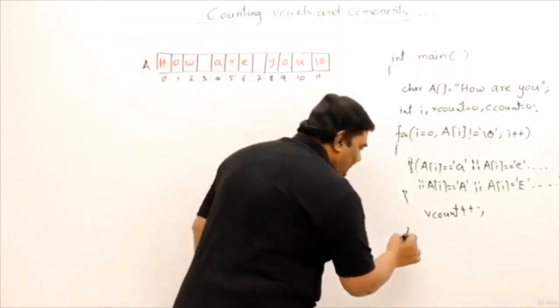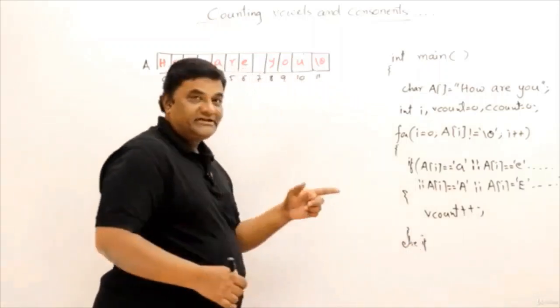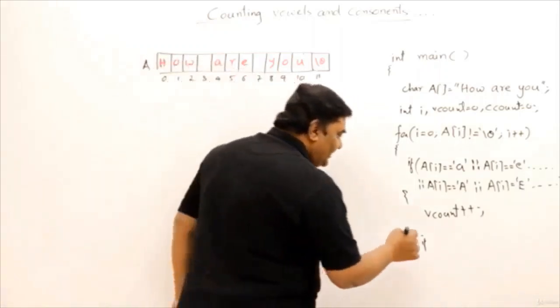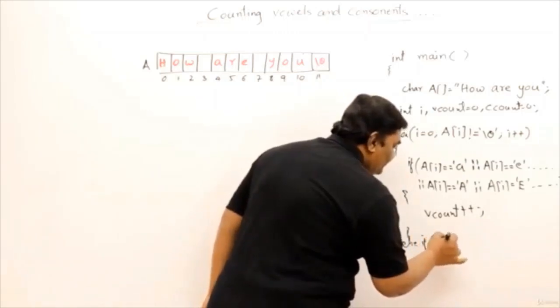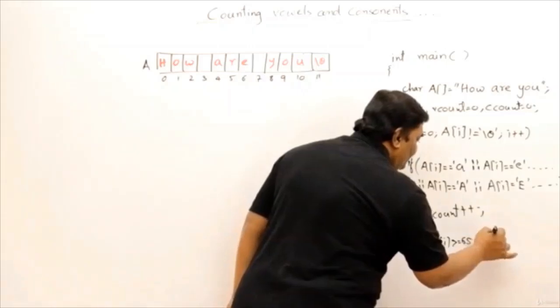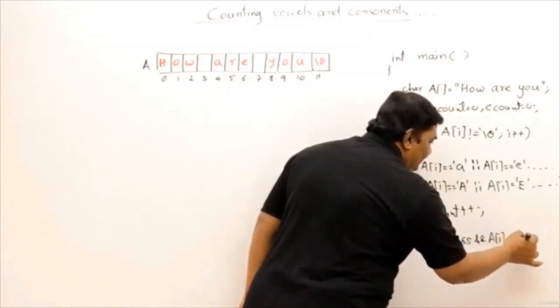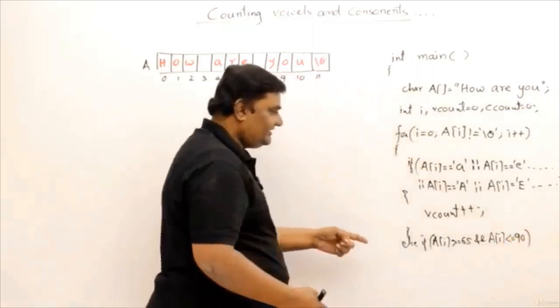So here I will continue writing else if. I should make sure that it is within the range. So A of I should be greater than or equal to 65 and A of I should be less than or equal to 90, right? It should be within this range.